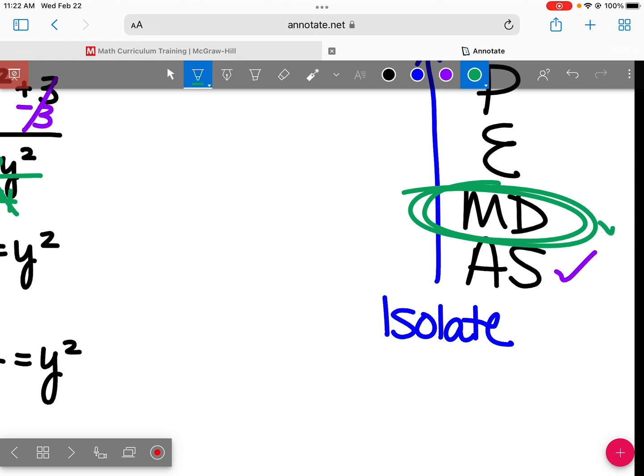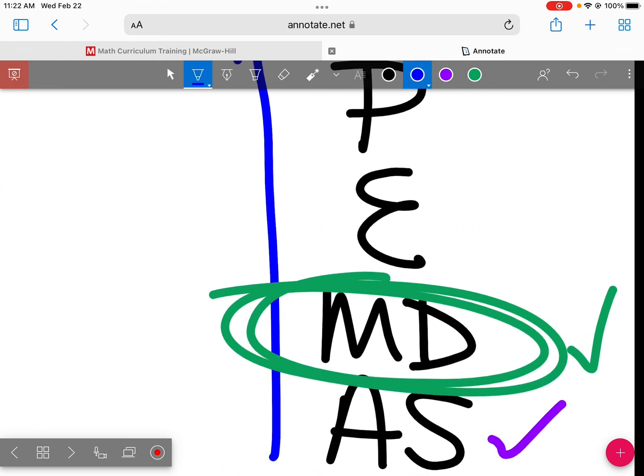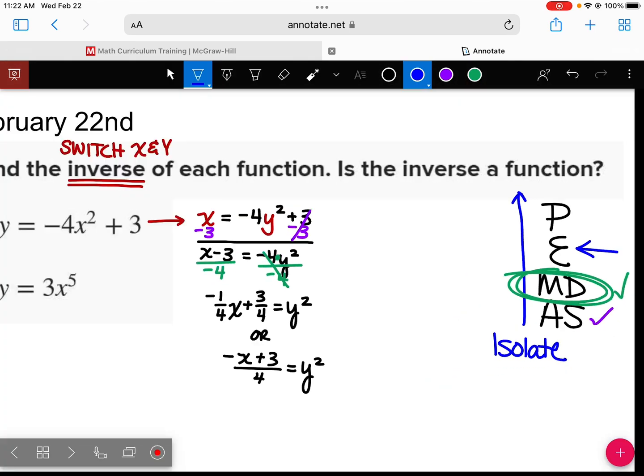All right, so now we've done the multiplication and division step. Now and only now am I allowed to touch any exponents. Do I have an exponent around y? Yes. What is that exponent? 2. It's a squared. How do I undo something that's been squared? Square root.